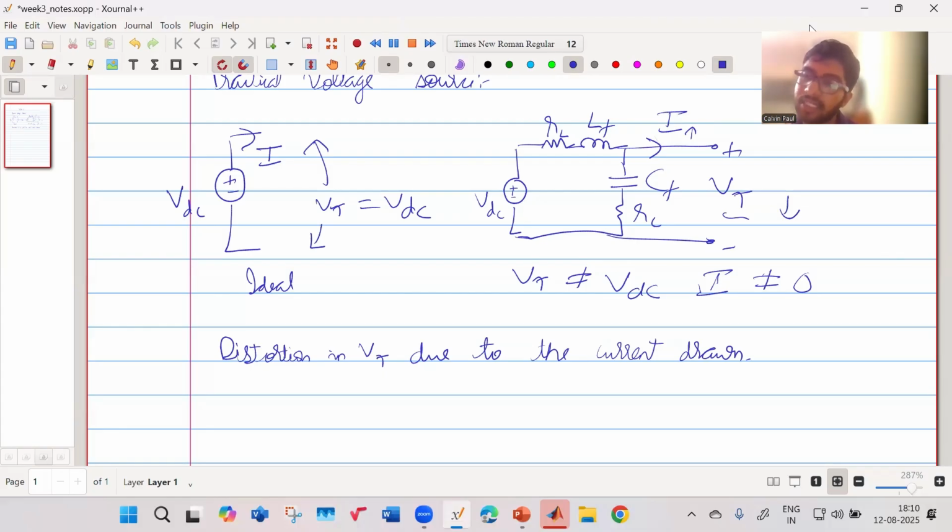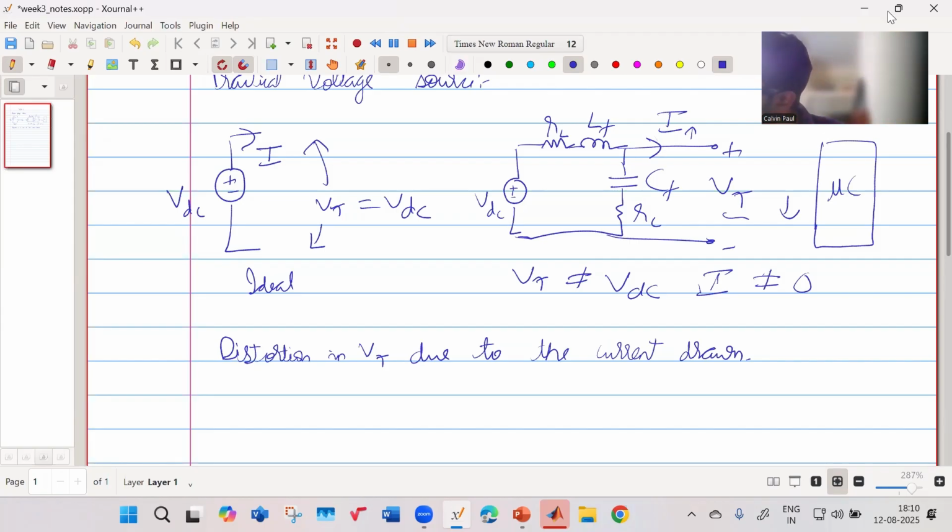But in your practical system, this is connected to some processor, some mobile processor, and in between you will have your switch mode power converter.